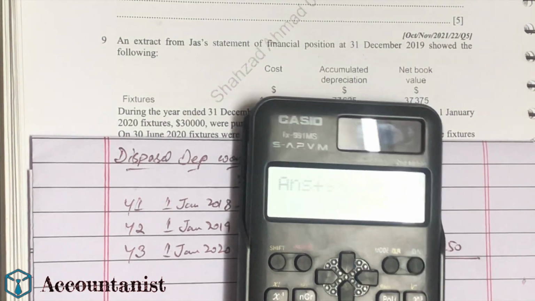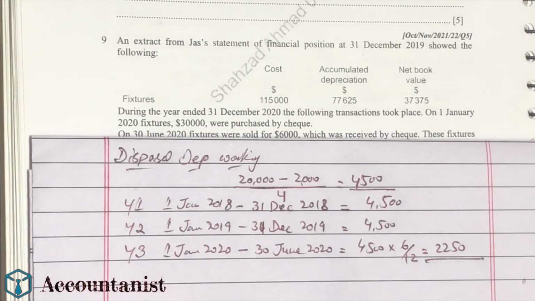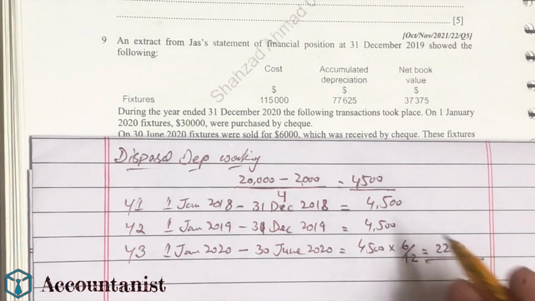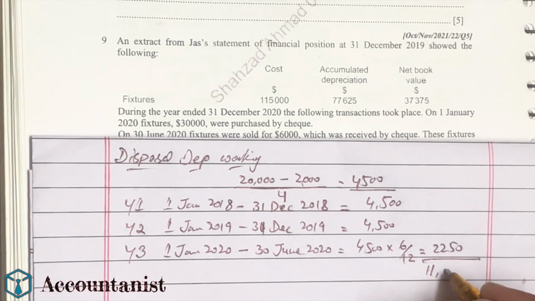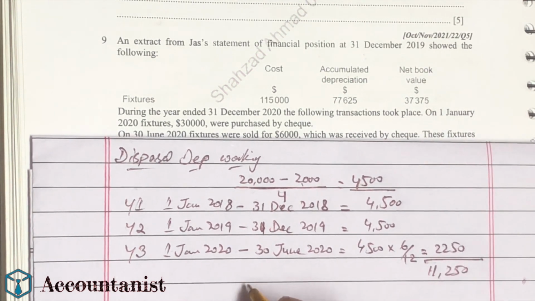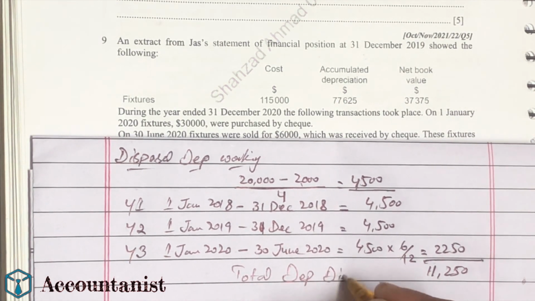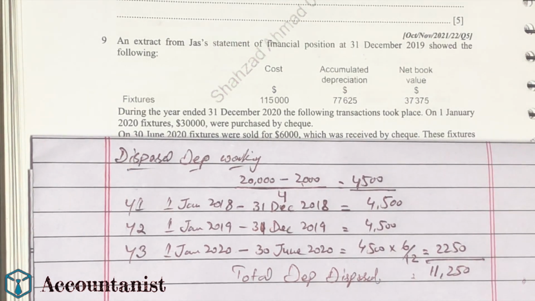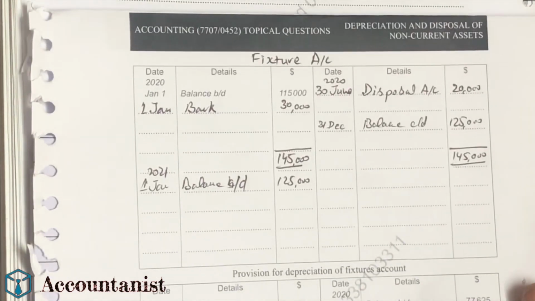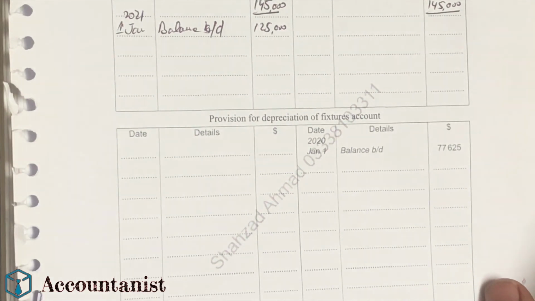The previous depreciation was 4,500 per year, which gives me 9,000, and 2,250, which gives me a total of 11,250, and that will be the total depreciation of the disposed asset, the asset that we disposed of. So we'll write down this figure here in the debit side of this provision for depreciation fixture account.